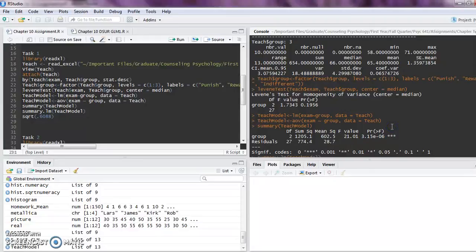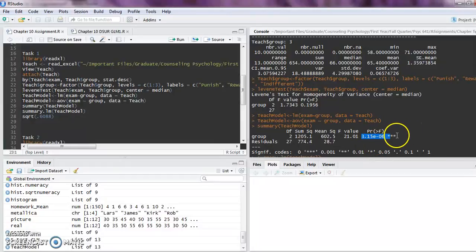So F tells us the overall effect of the group on what we're measuring. Our F value here is 21.01, and this value right here tells us if this has a significant effect.